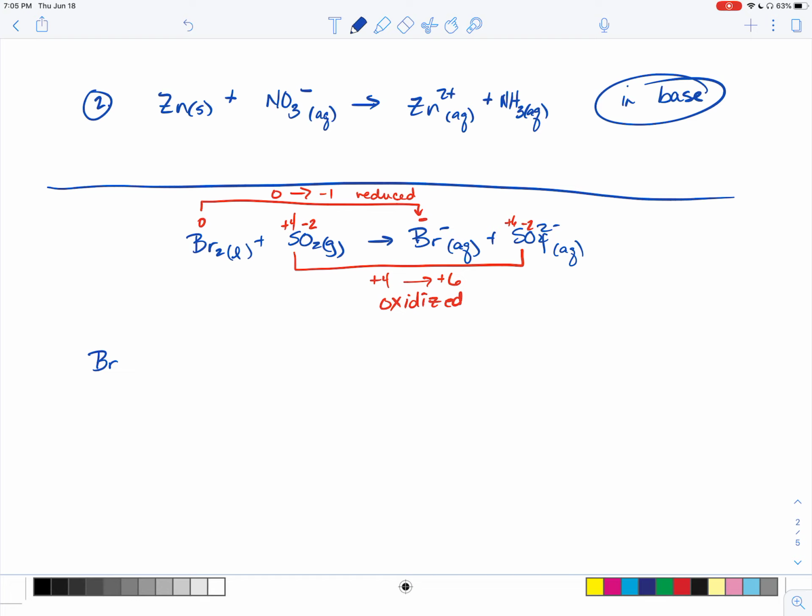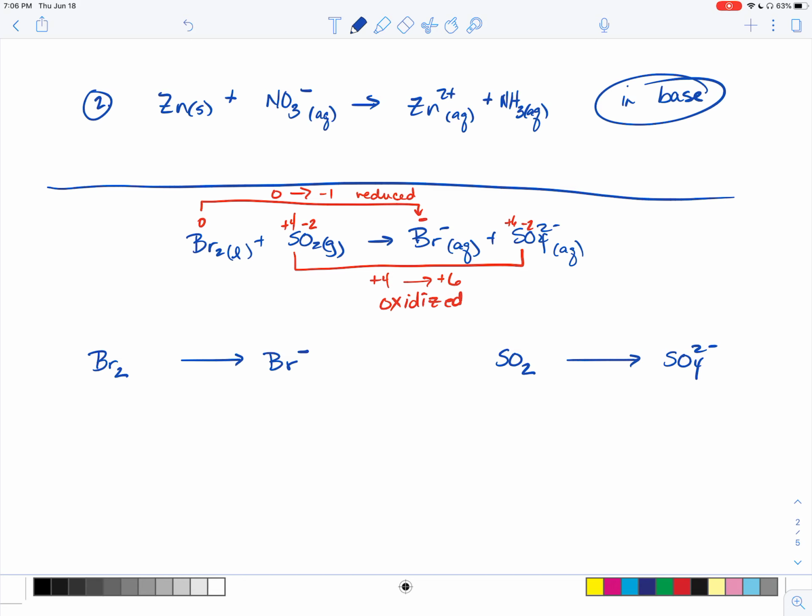So you'll write the species, meaning the item that contains the thing that's reduced or oxidized. For the reduction, it's Br2 yields Br-. And then the other, oxidized reaction is SO3 2- yields SO4 2-.